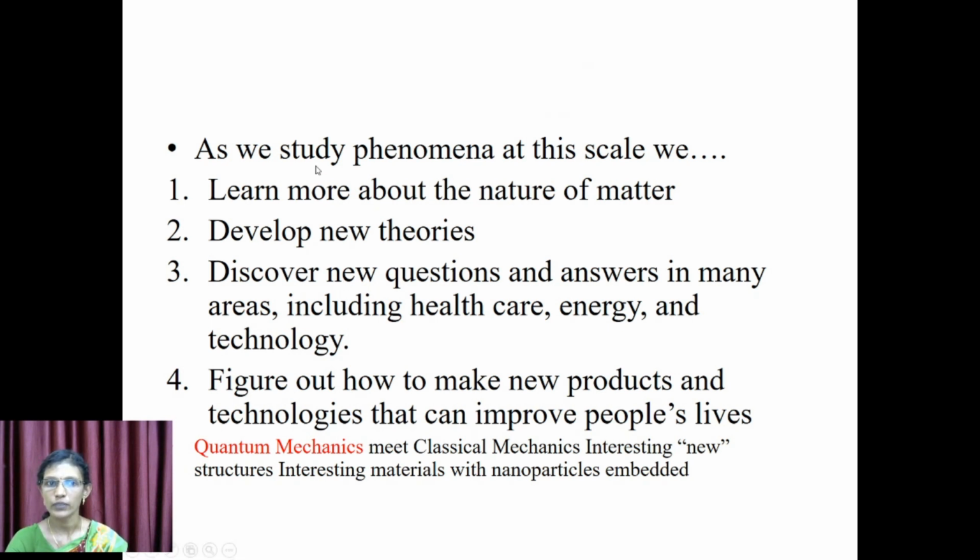As we study phenomena at this scale, we learn more about the nature of matter, develop new theories, and discover new questions and answers in many areas, including healthcare, energy and technology. We can figure out how to make new products and technologies that can improve people's lives. Here quantum mechanics meets classical mechanics, with interesting new structures and interesting materials with nanoparticles embedded.